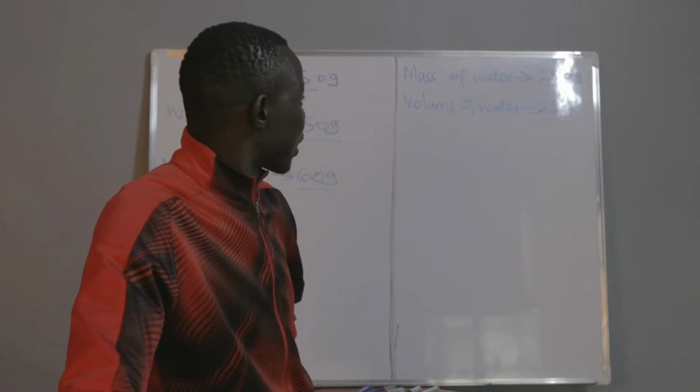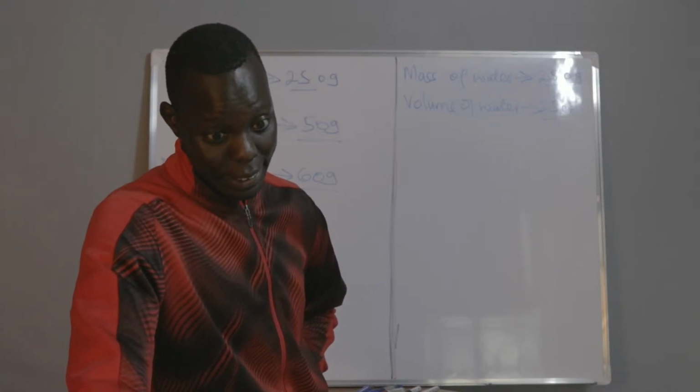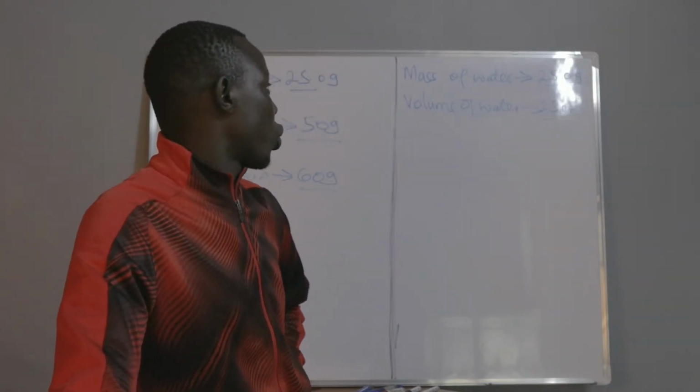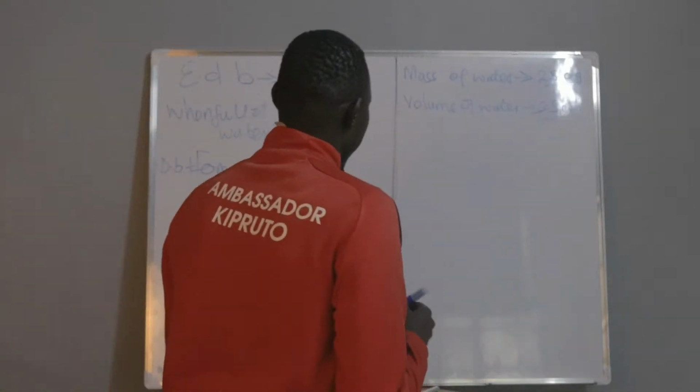Volume of water is going to be the same as the mass of water because the density is the same. Then the volume of the density bottle will be the same as the volume of water.